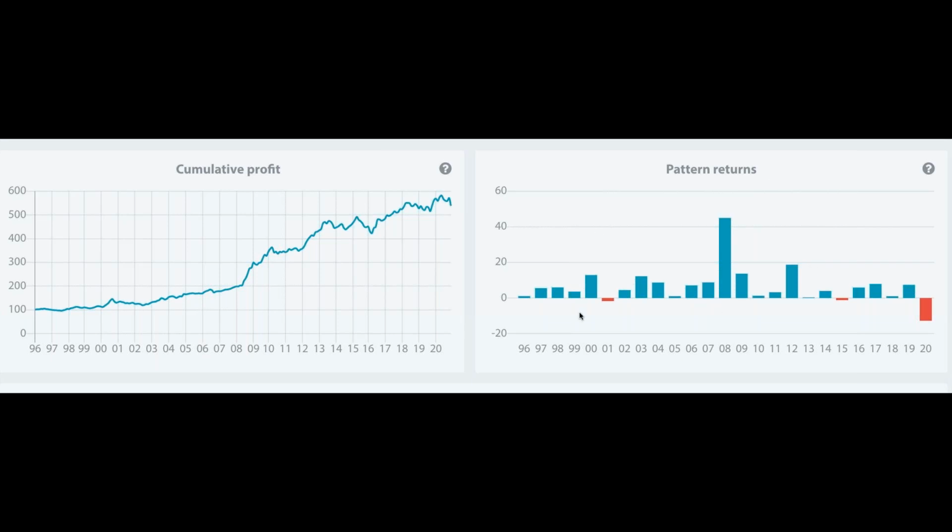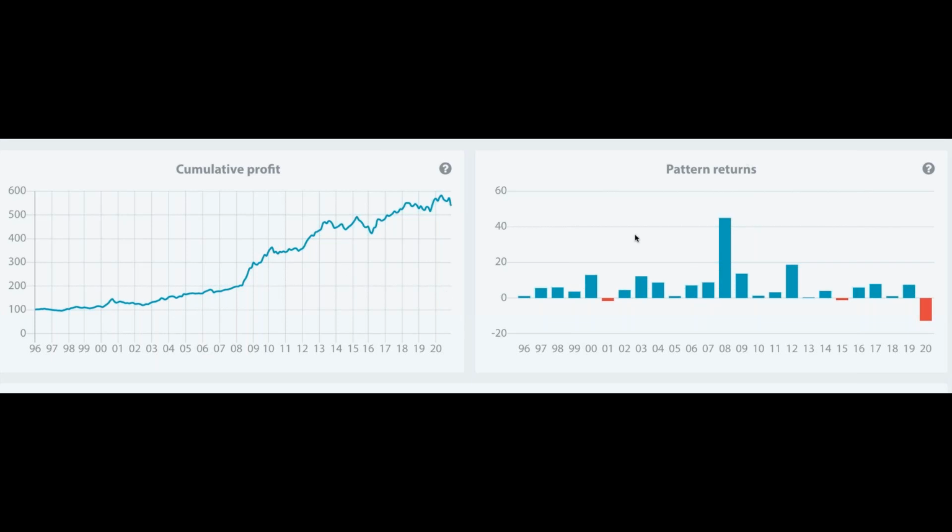So buying in January and closing on the 1st of March resulted in this amount of profit. The maximum profit was 44.99%, and the maximum loss was about 12%. So you can see that's a pretty good return, and an annualized return that's pretty solid on platinum.